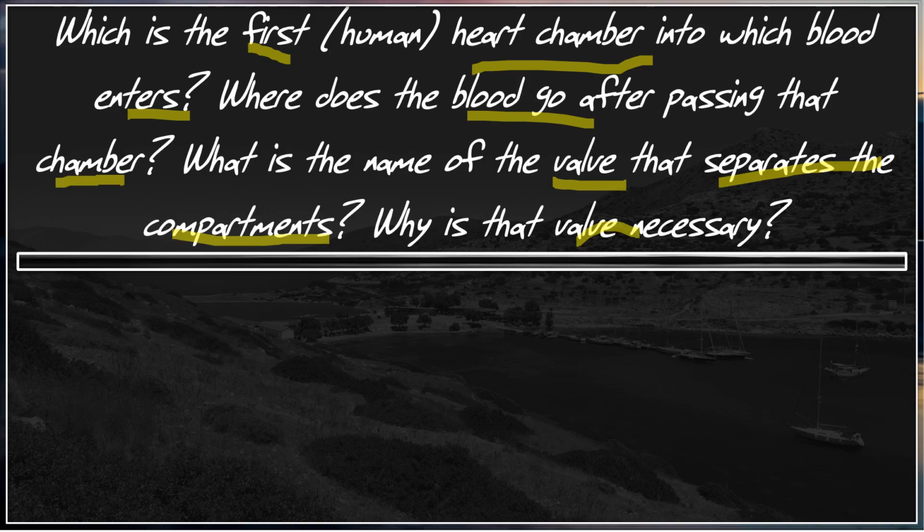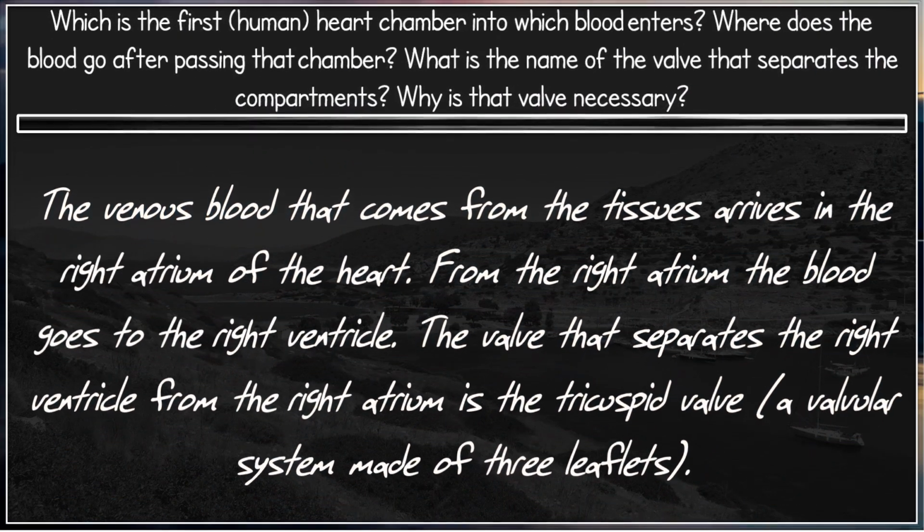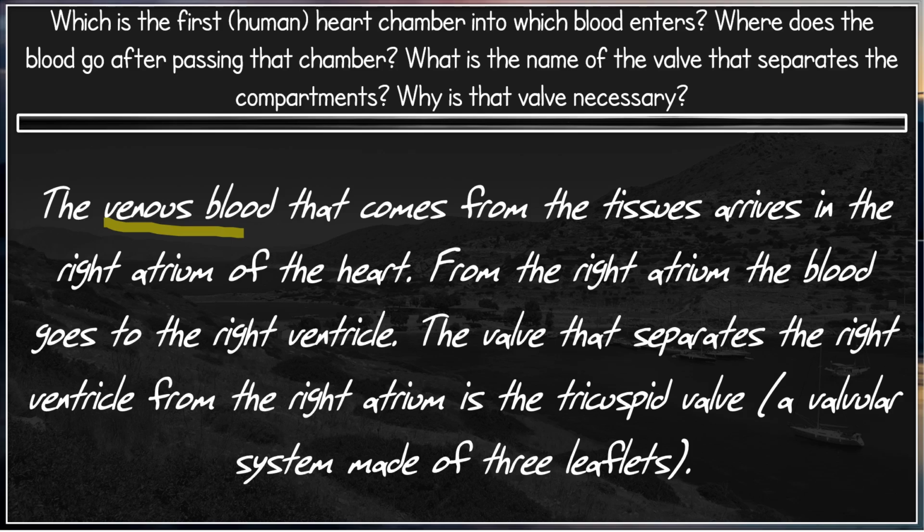The venous blood that comes from the tissue arrives to the right atrium of the heart. From the right atrium, the blood goes to the right ventricle.